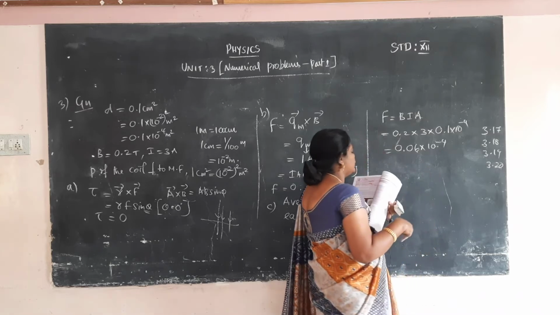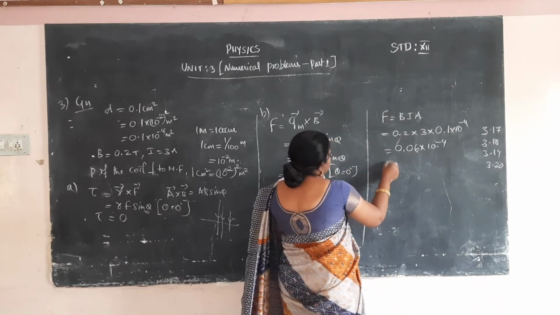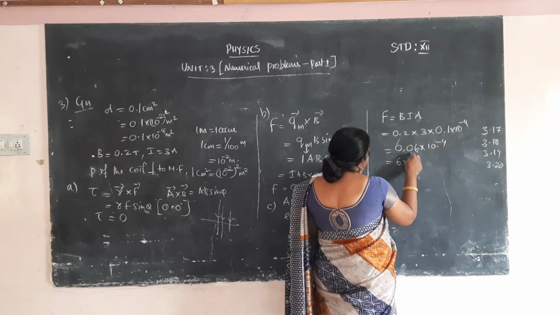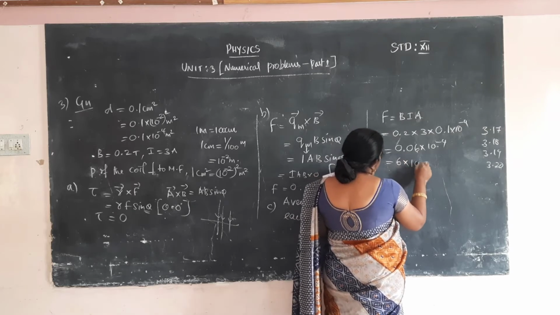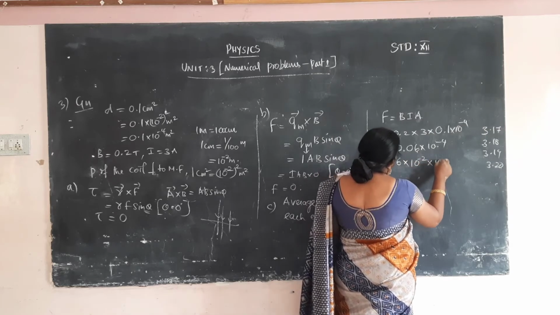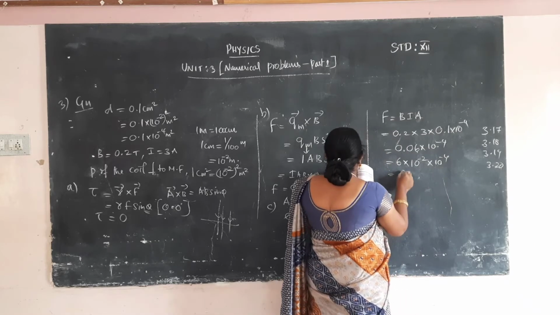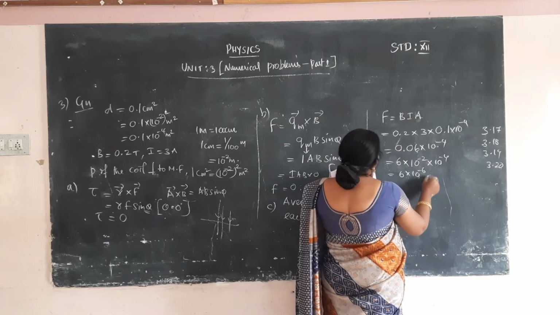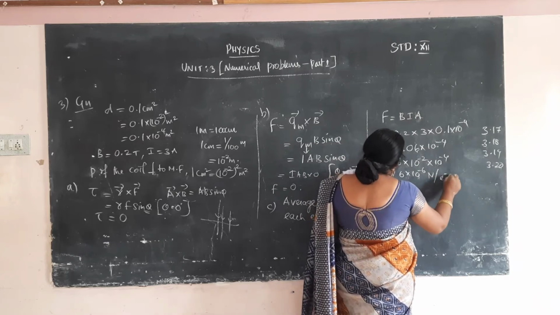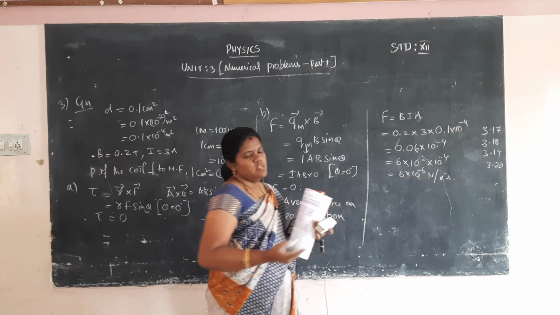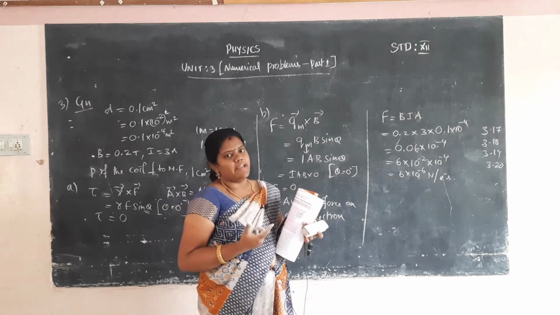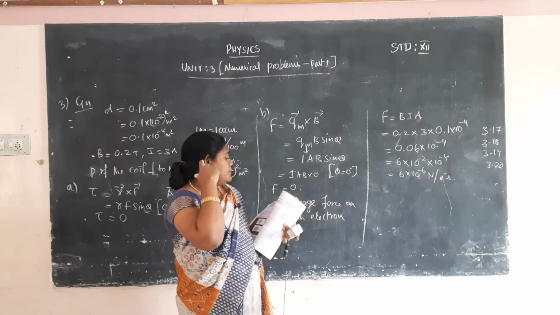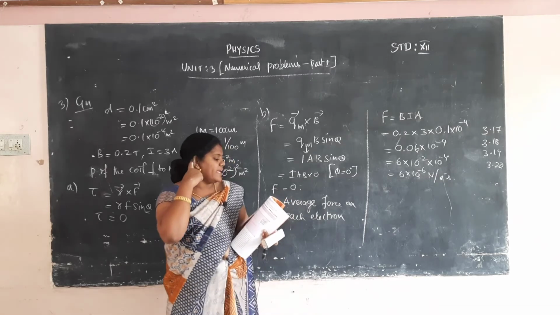That changes to 6 into 10 power minus 2 into 10 power minus 4. So 6 into 10 power minus 6 Newton per electron. That is the total force that will be calculated.